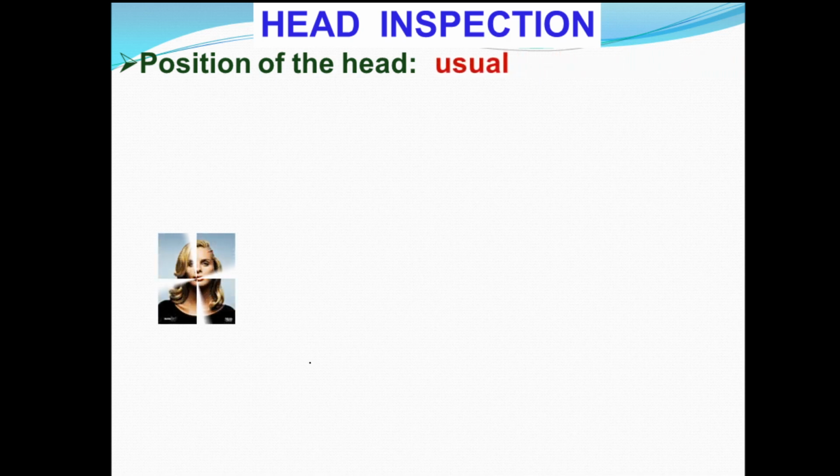Head inspection. This question also will be given on the exam. First of all, we must assess position of the head, depending on trunk. It must be along the median line of the body, which will be assessed as usual, corresponding to norm.